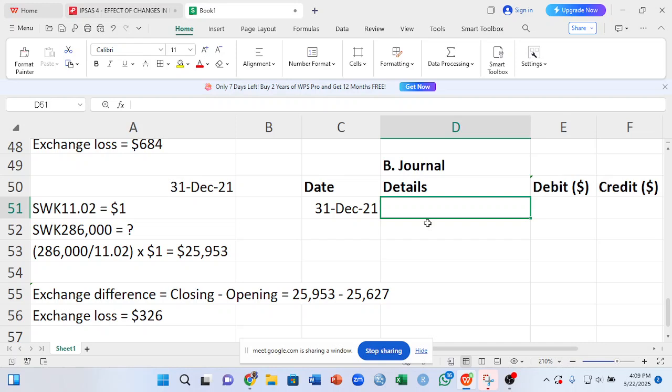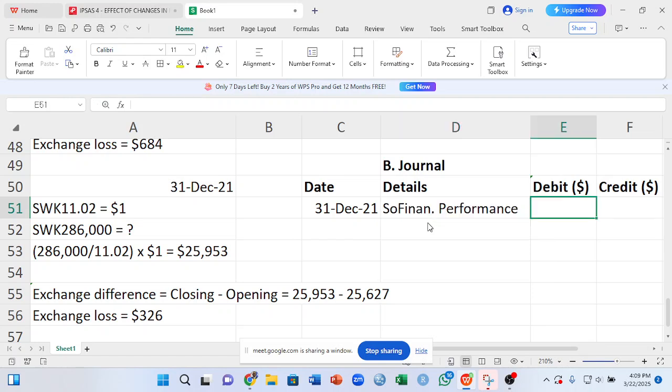Okay, hand is up. Please go ahead. With the difference, which is the exchange loss, we will debit the statement of financial performance and then credit payables with the difference. Why?